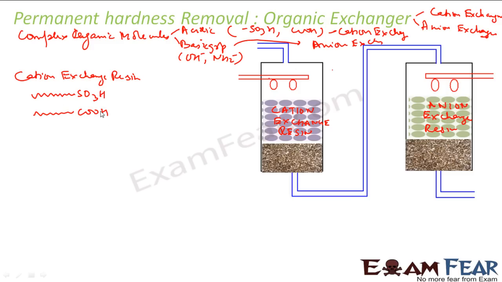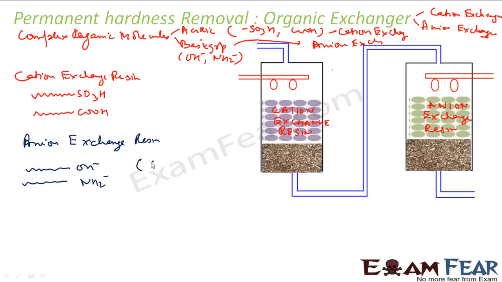When we talk about the anion exchange resin, let me change the color. The anion exchange resin is nothing but a big group with OH minus or a big group with NH2 minus. So these are my resins used. I hope you understand this.